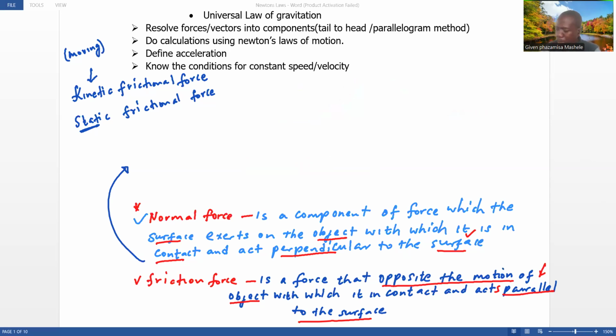Static and kinetic, they both oppose the direction of motion. But now let's talk about what is the static frictional force.